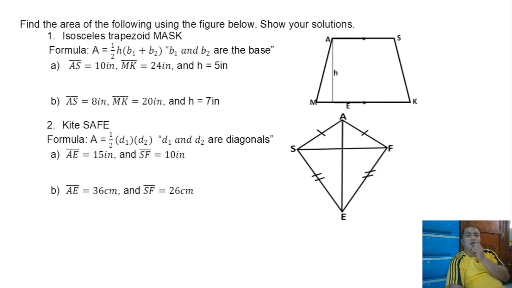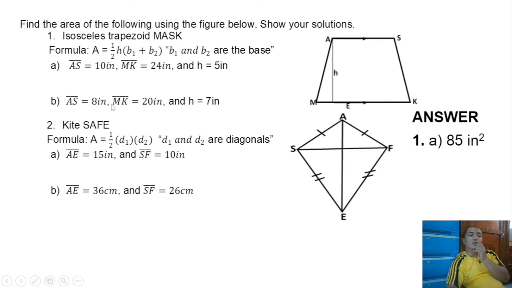Okay, find the area of the following using the figure below. Show your solutions. For number 1, the isosceles trapezoid. That's the formula: add the two lengths of the bases, multiply by the height, divided by 2. So, 10 plus 24 is 34, times 5 divided by 2 is 85 square inches.